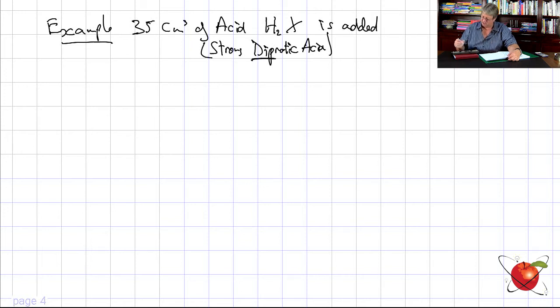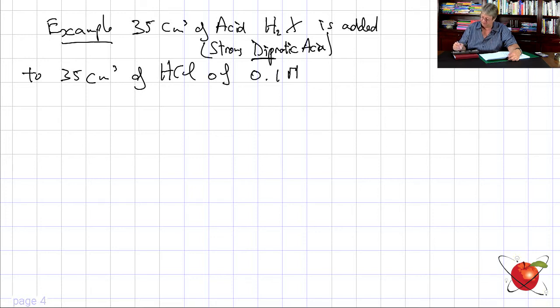What matters is the diprotic. It is added to 35 centimeters cubed of HCl with a known concentration of 0.1 M. Just put an M properly, like that.